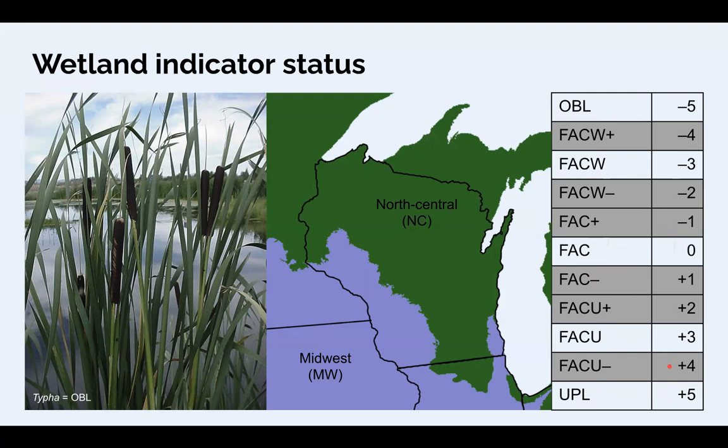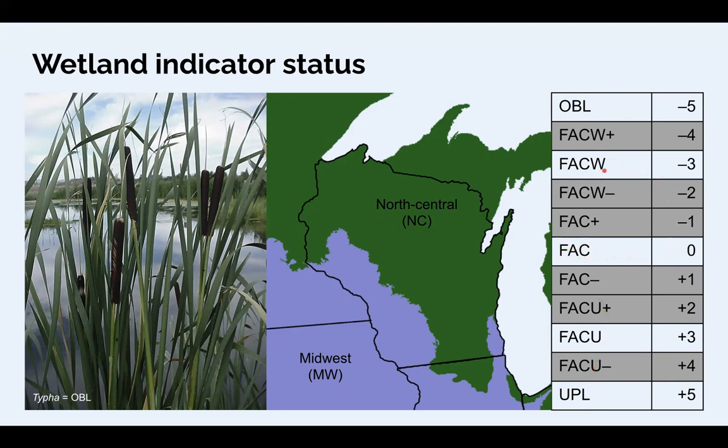This is one way to use these wetland indicator statuses. The negative values are favoring growth in the wetlands, and the positive values are favoring growth in the uplands, on this range from, again, has to be in the wet to has to be in the dry. So facultative right in the middle.